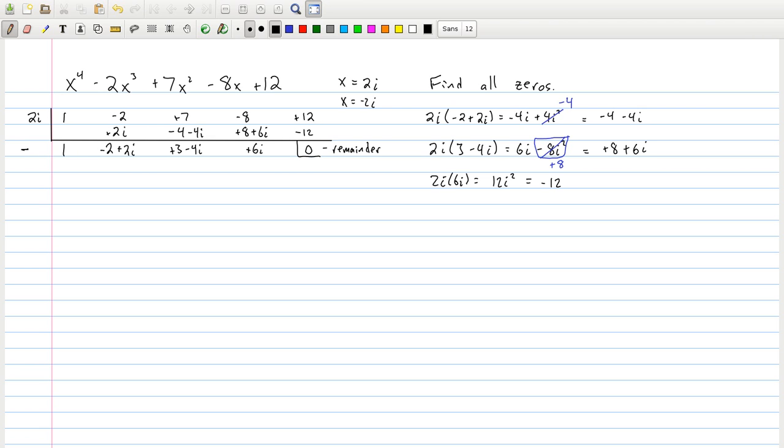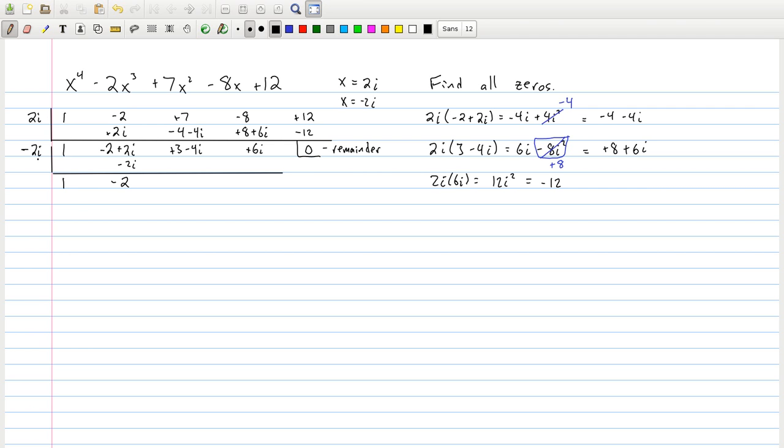So we'll do synthetic division with the next zero, x equals negative 2i. And we copy down our synthetic division bars. And we proceed. We copy down the leading coefficient and then multiply. Negative 2i times 1 is negative 2i. We then add these together. The positive 2i and the negative 2i cancel, leaving us just negative 2.